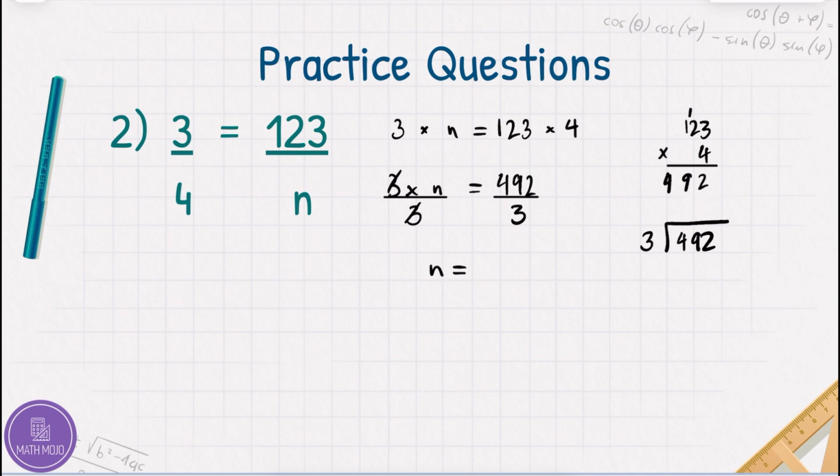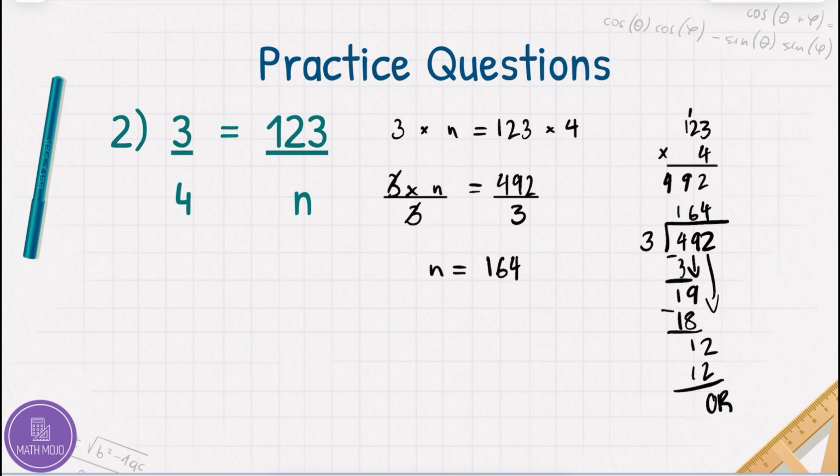So over here we can do 1, 3, and then we can subtract and get 1, bring down our 9, and then we can do 18, which is going to be 6 over here, subtract, we get 1, bring down the 2, which is going to be 4, 12, and a remainder of 0. So our final answer is 164, and that means our answer for this question is n equals 164.